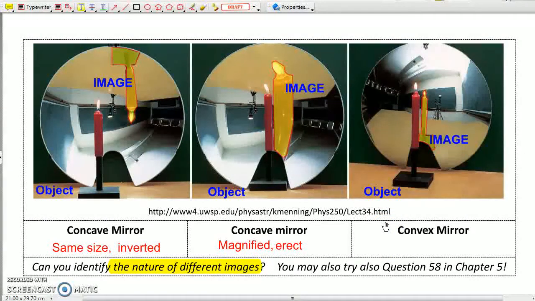Let's compare the image with the object. First of all, the size. The image is smaller than the object, and so it is diminished. And what about the direction? The right side up, so it is erect.